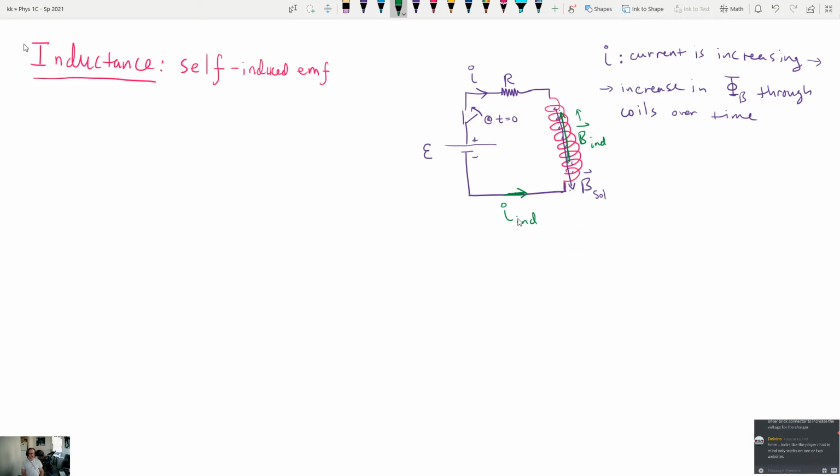I don't know, there's all kinds of names for it, but it's a kind of back EMF that gets induced in the system because you have a coil in the system. Okay? So increased flux in the current over time leads to what we call back EMF, which is an induced EMF opposite to the change.